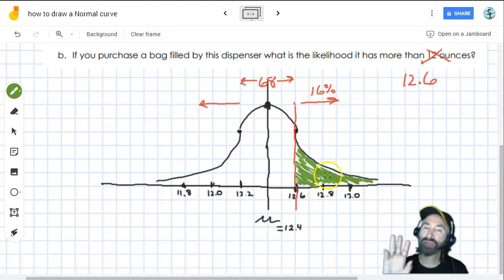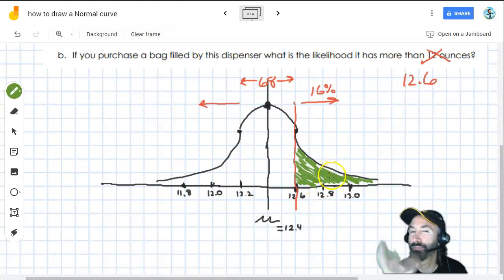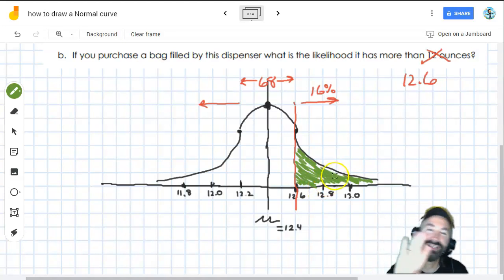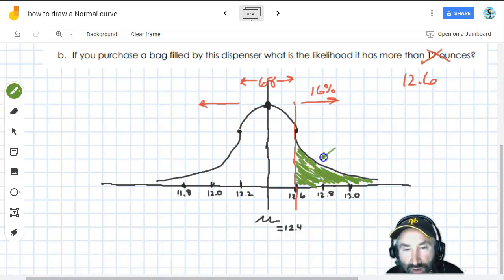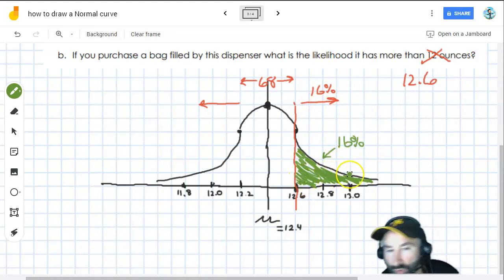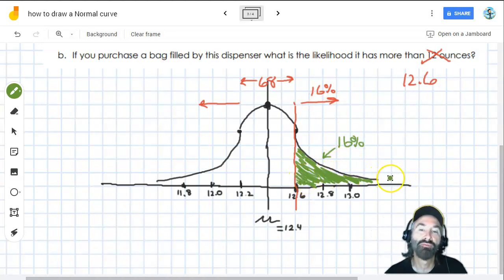Sometimes when we're doing normal calculations, we get it backwards and we put the high percent instead of the low percent. But if we can see this much is shaded, I can see this is not the majority of my diagram, so it must be less than 50%. In this case, we've already said that because of the 68, 95, 99.7 rule, the shaded area must be 16% of the data. That is the amount of data that is more than one standard deviation above the mean.